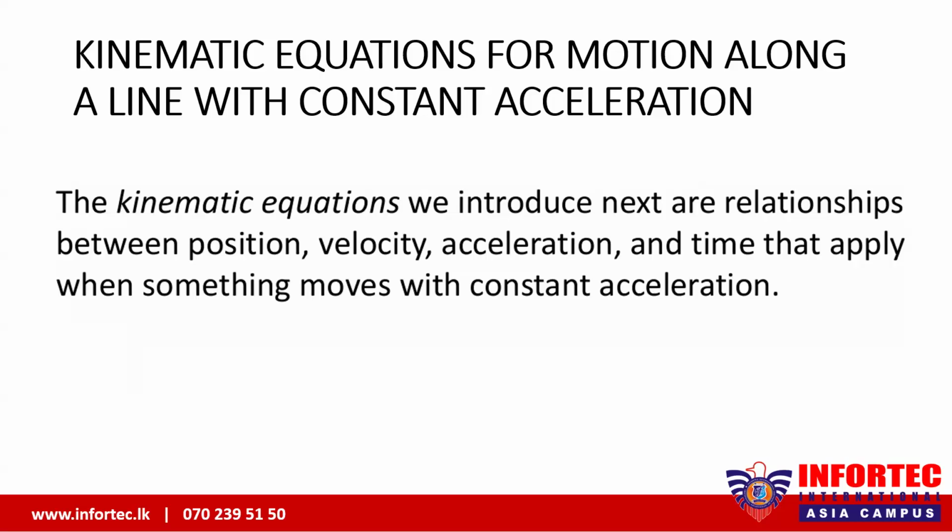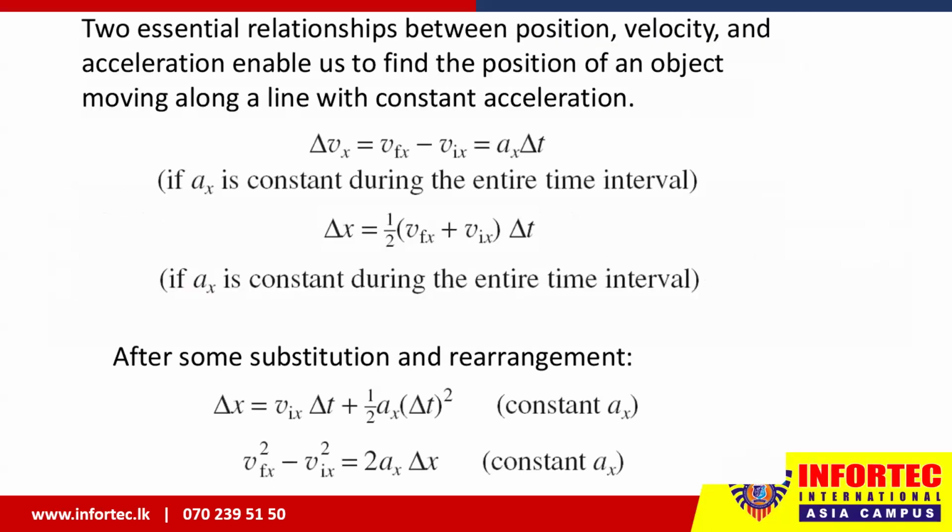The kinematic equations we introduce next are relationships between position, velocity, acceleration, and time that apply when something moves with constant acceleration. Two essential relationships between position, velocity, and acceleration enable us to find the position of an object moving along a line with constant acceleration.